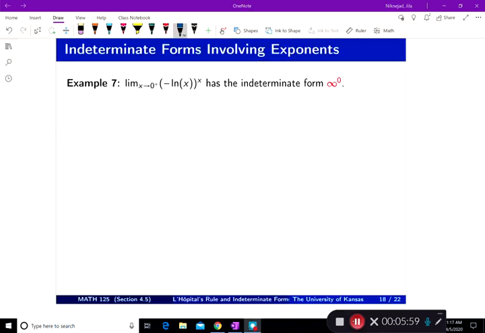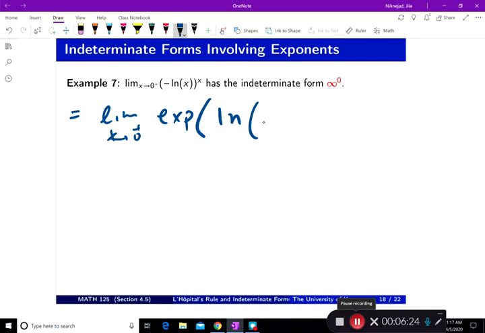Now let's do a limit that is infinity to the power 0. This time, as usual, I do the limit as x goes to 0 from the right side of the exponential of the natural log of whatever I have in here.